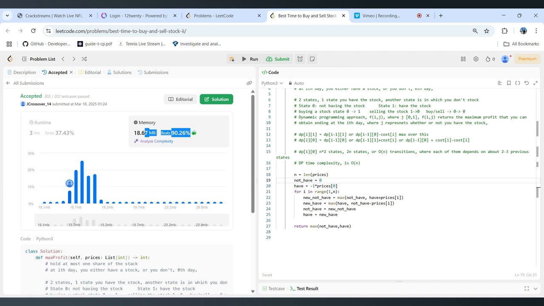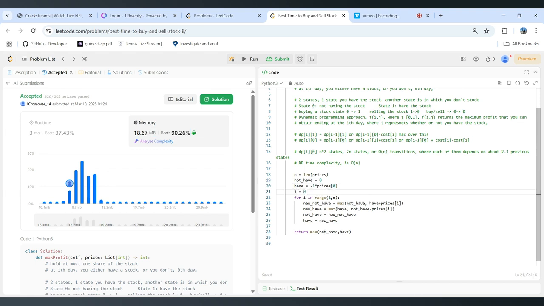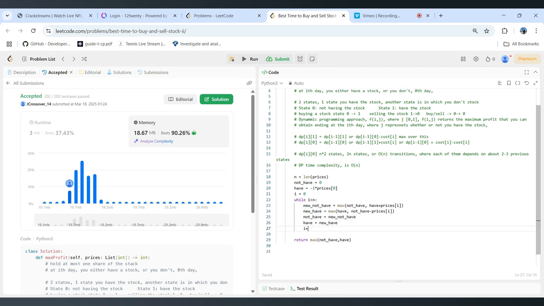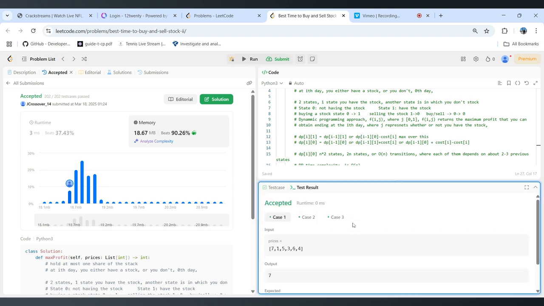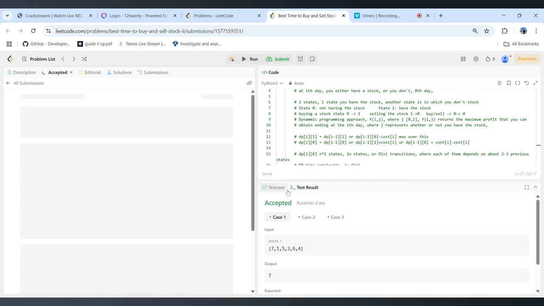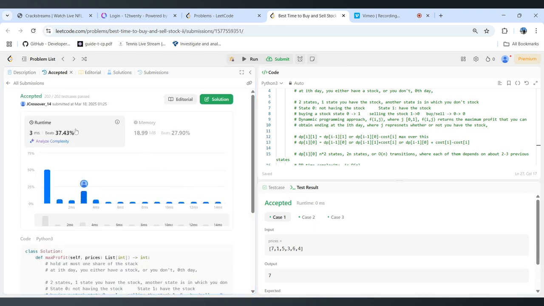Okay. Maybe having a while loop versus a for loop matters. i equal to 0. And we can try while i is less than n, i plus equals 1. Oh, maybe that will do it. Oh, it doesn't do any better, but does use up more memory.